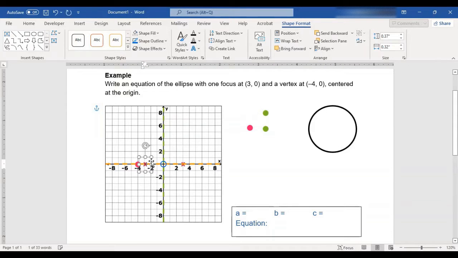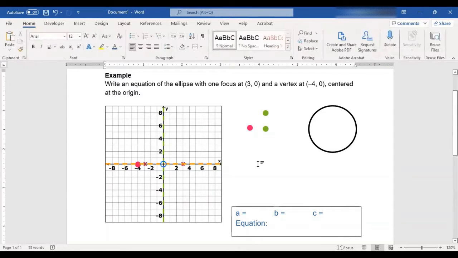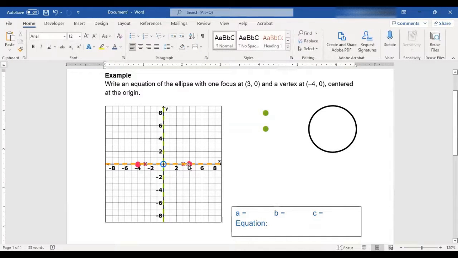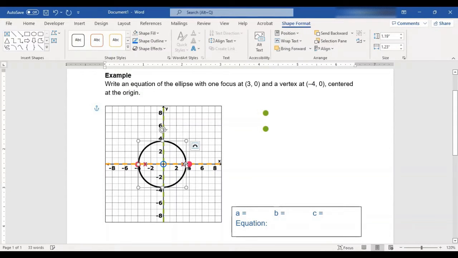So the other focus is here at -3. And then you can use the same process for the other vertex as well. So this vertex is 4 away to the left, which means the other vertex is going to be 4 away to the right. So we can get those pieces in, and we can start to envision what this ellipse is going to look like.